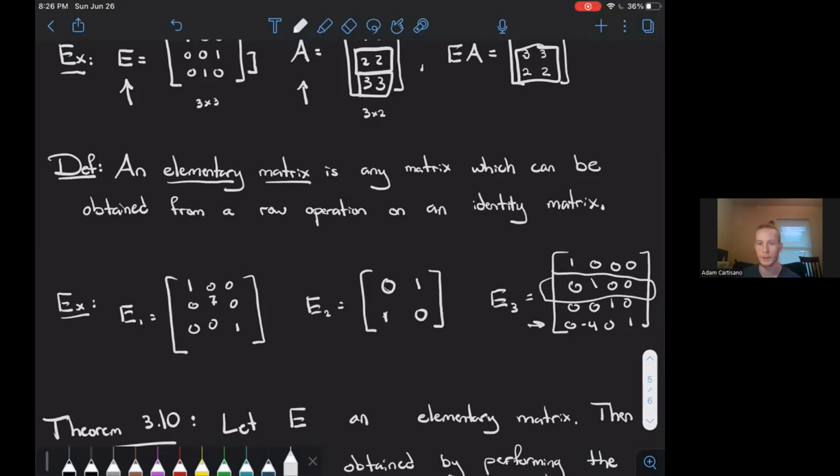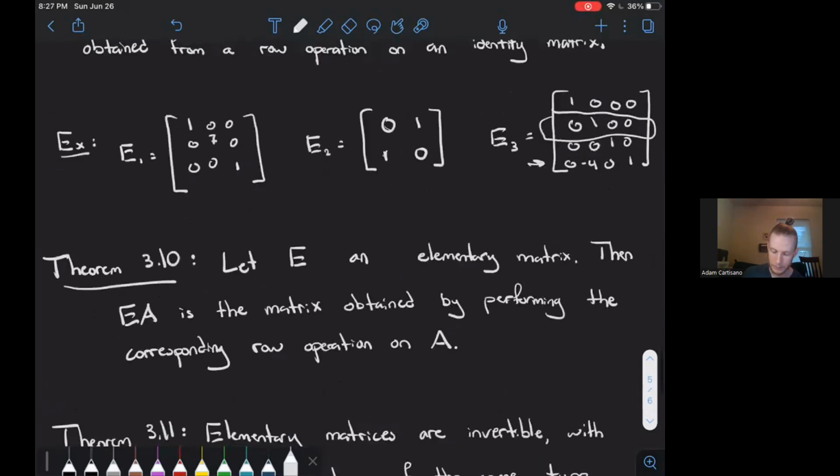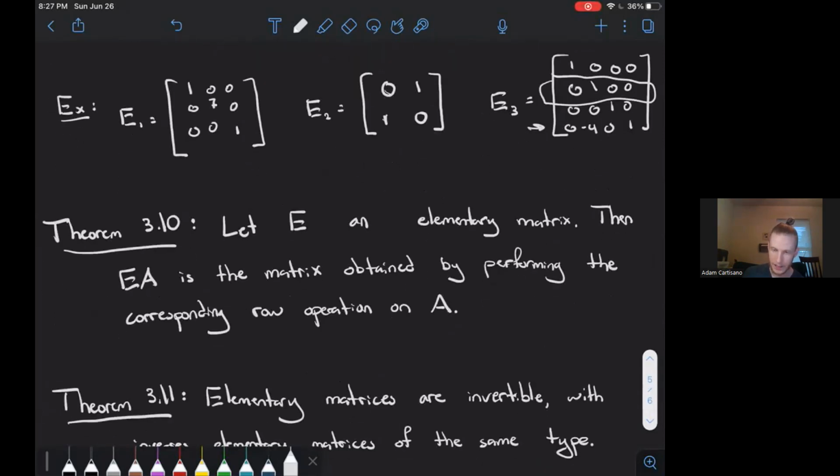So this is also an elementary matrix, and its effect will be to do the corresponding thing to A. And theorem 3.10 is just saying what I just said. If E is an elementary matrix, then EA is the matrix obtained by performing the corresponding row operation of E on A.